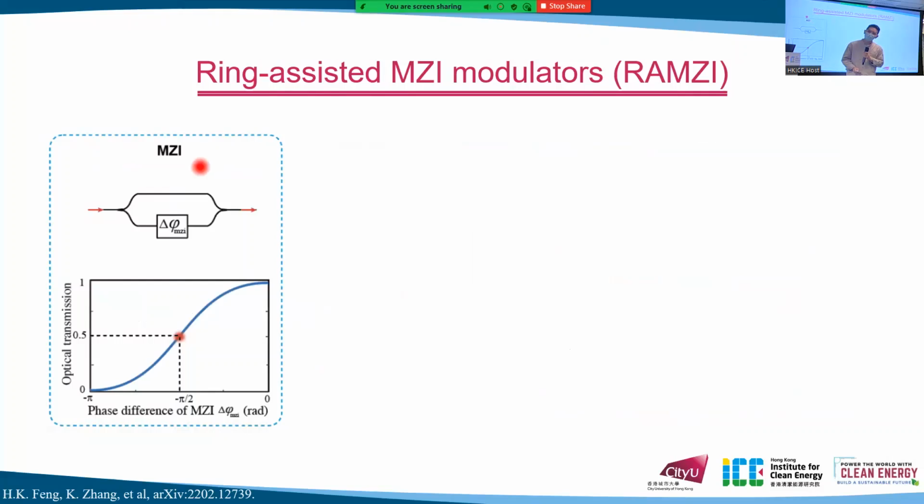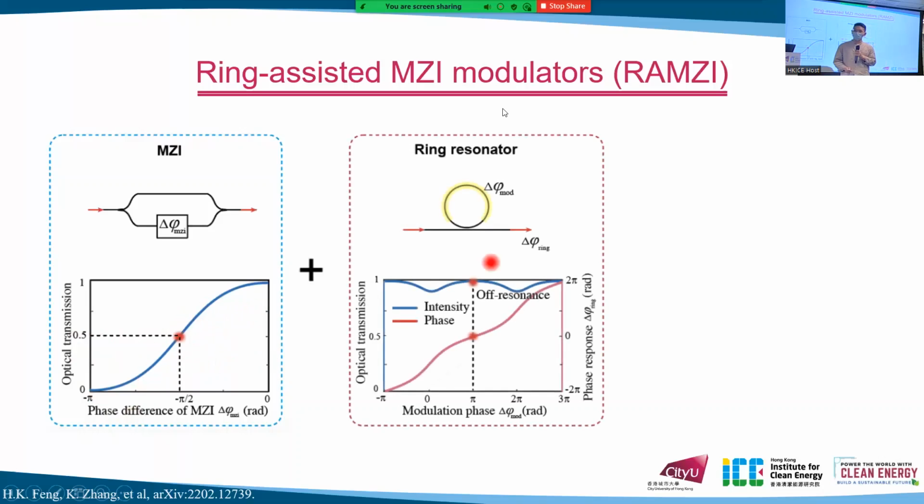So for the traditional MZI structure-based modulators, we can see that the output has a sine-like profile, which is not linear. But we look at the micro ring, the ring resonator.